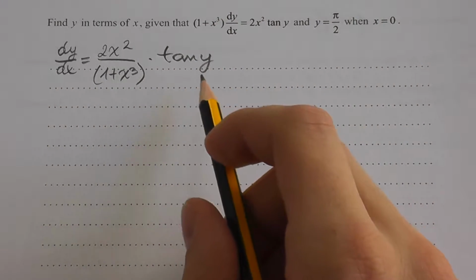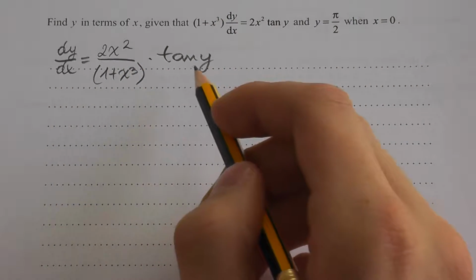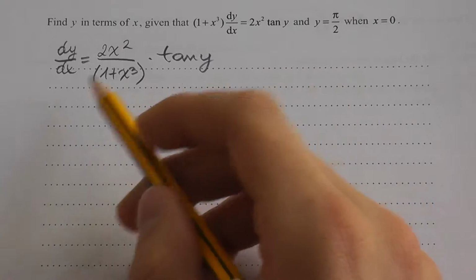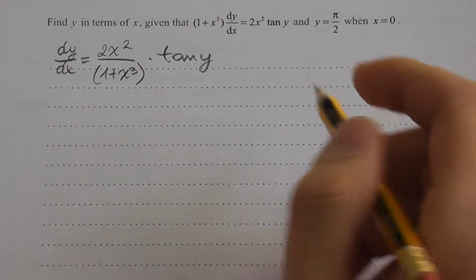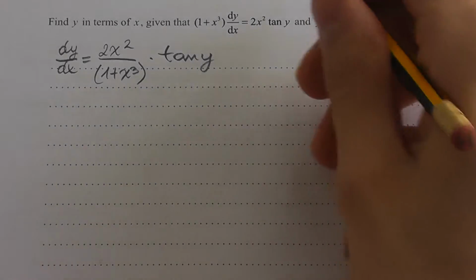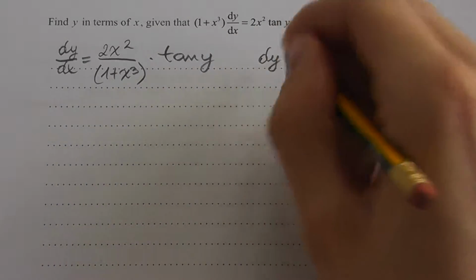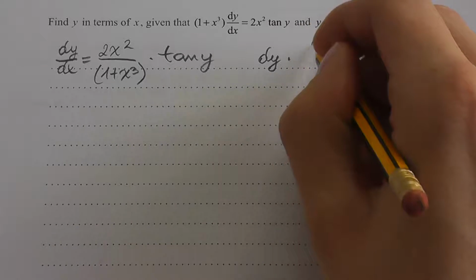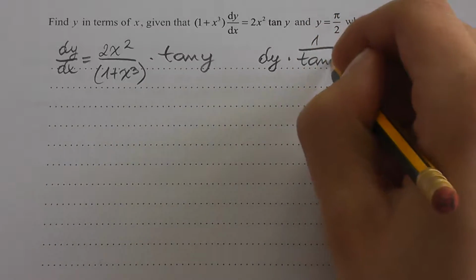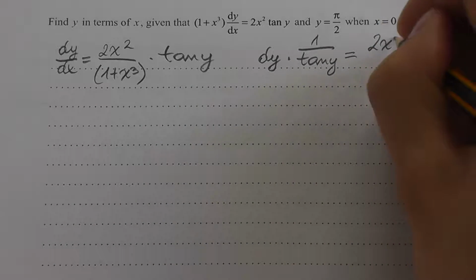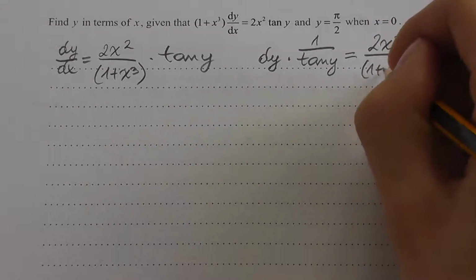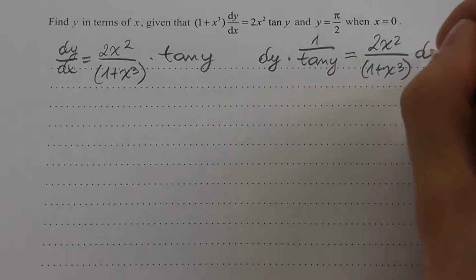Notice I wrote tangent y separately. What I'm going to do now is divide tangent y from both sides and multiply both sides by dx. That way, what I'm left with is dy times 1 over tangent y is equal to 2x squared over 1 plus x cubed dx.